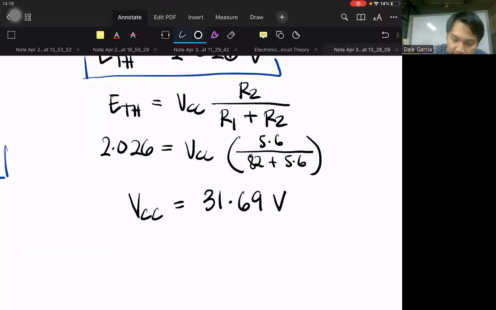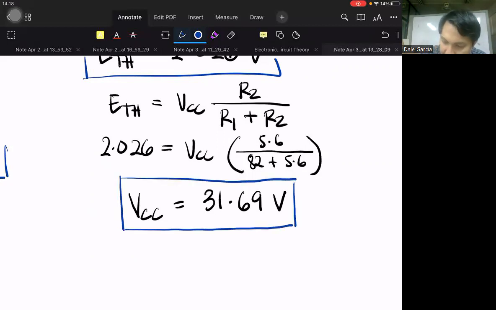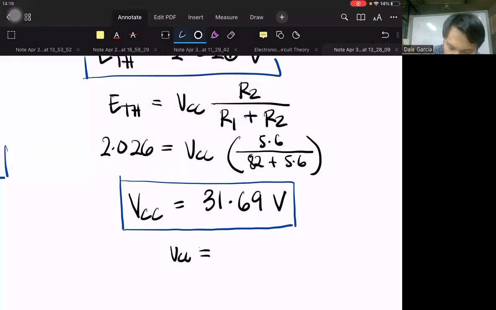So kung nata exact nga function generator or power supply, pwede lang natin na ma-obtain. If wala, I think the closest answer is 32. Kaya mga fixed power supply, definite na mga values.